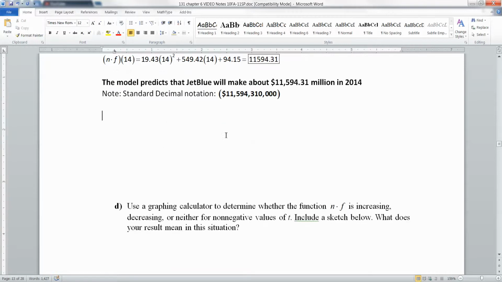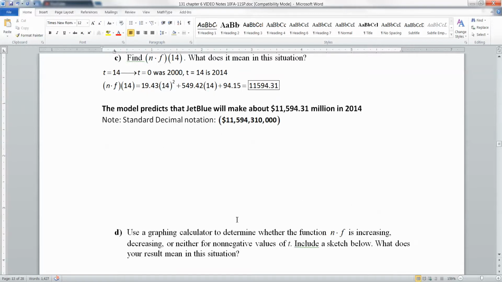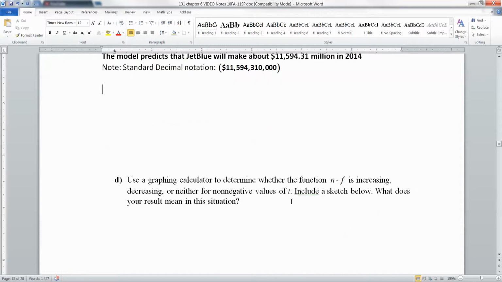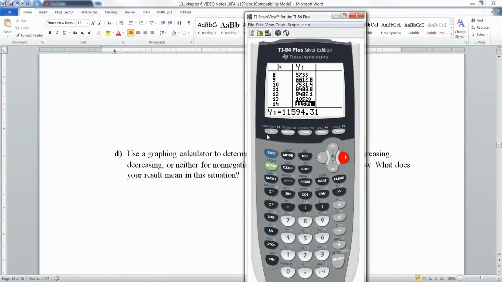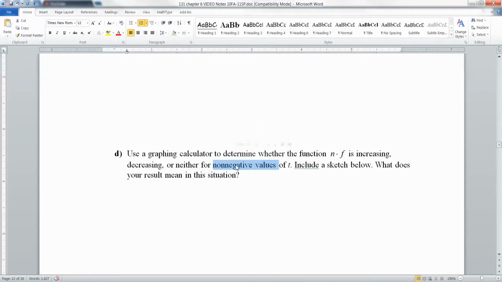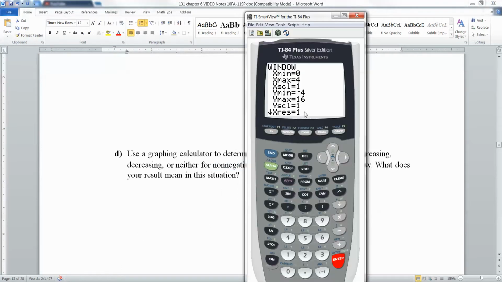Now we're going to use a graphing calculator to determine whether the function n times f is increasing, decreasing, or neither for non-negative values of t. Well, that means we have to have that function put in there, which it is. Here's the function. I'm going to go to my window and make a wise window. It said it wanted non-negative values of t, so I'm going to make my x min, which is my t min, start at 0. And I'm going to try going up to 20.